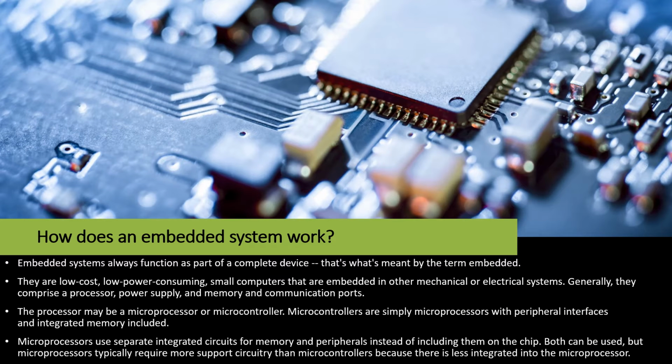How does an embedded system work? For every system, there will be a working portfolio. These act as a function of complete devices from an embedded part. They are low in cost and low in power consumption. Generally, they comprise processors, a power supply, and communication ports.